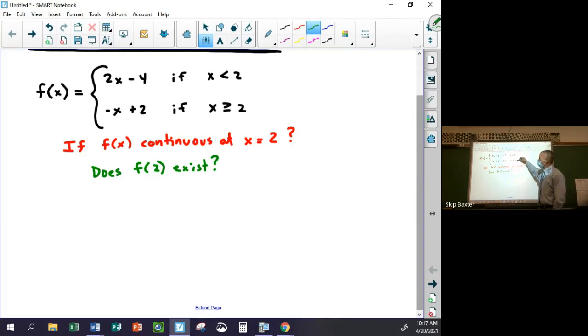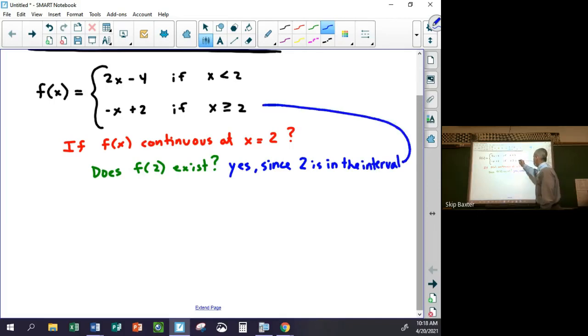As long as 2 appears somewhere over here, then f of 2 exists, right? So you just say yes, since 2 is in that interval right there. Since 2 is in that interval, that means that f of 2 is defined.